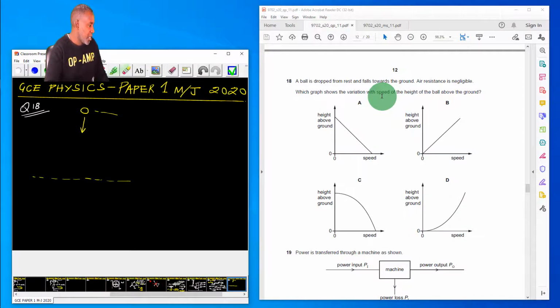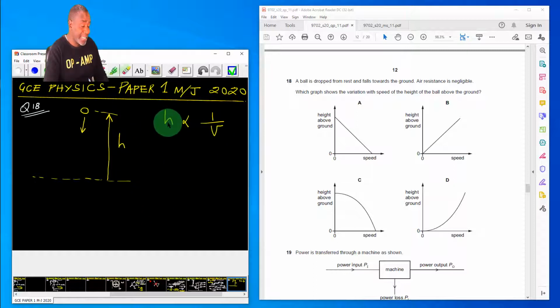In other words, one of the physical quantities we have is h here. And you can see that as the height decreases, the speed increases. They are inversely proportional to each other. So you can say that height is inversely proportional to the speed.